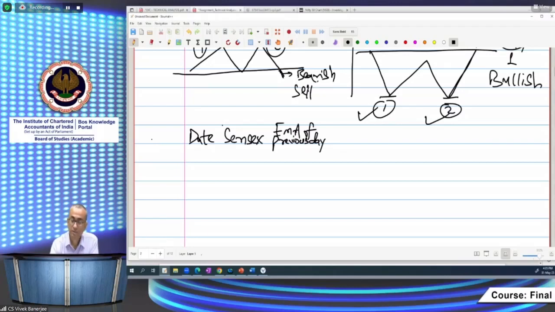The next column, this is 1, this is 2, and this is the third column, it will be 2 minus 3.